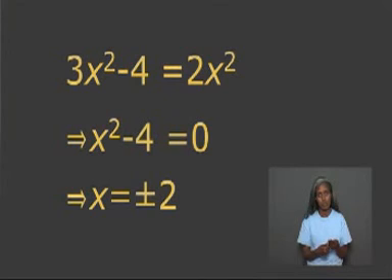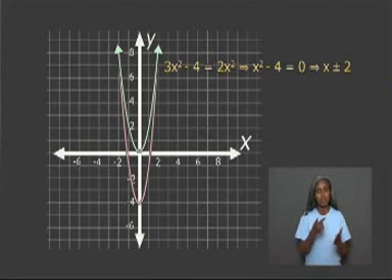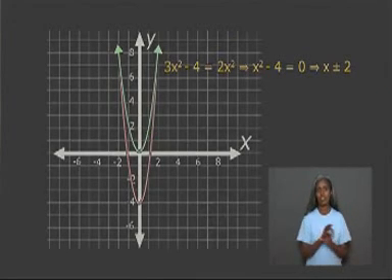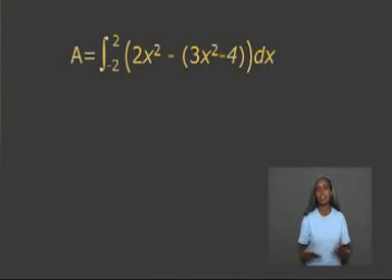So, x equals positive 2 or negative 2. This is the graph of our function. The area equals the integral from negative 2 to 2 of 2x squared minus 3x squared minus 4 with respect to x.